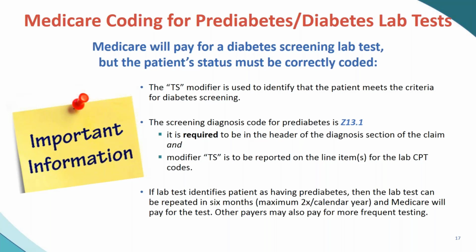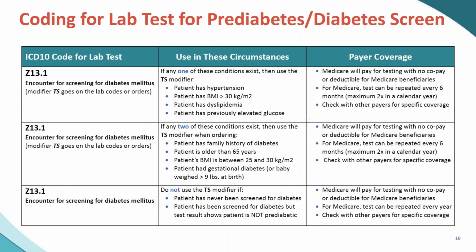Well, how you code for that depends on how many of these risk factors that we just looked at they have. So here is an easy chart to decide how to code for the work that is being done in the lab.